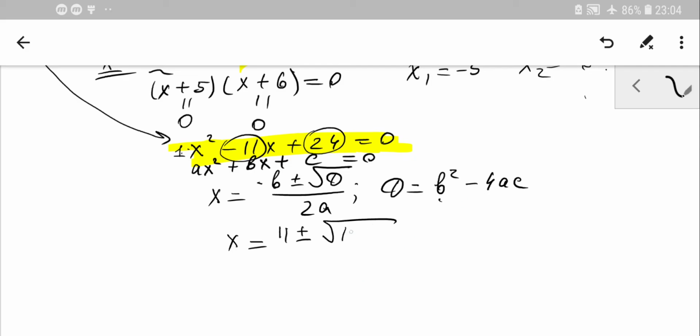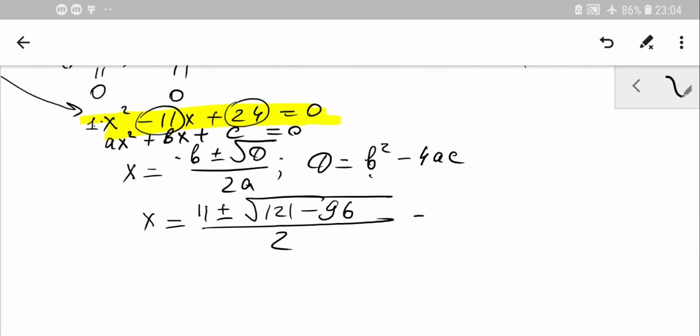So b squared is 121, it's a square number, and minus 4 times 24, we'll get 96, over 2. If we simplify that, we'll get 121 minus 96. I guess we'll have 25 here. Let's check. 96 plus 20, and plus 5, we'll get 116, and plus 5 is 121.